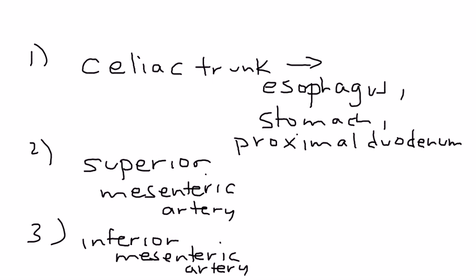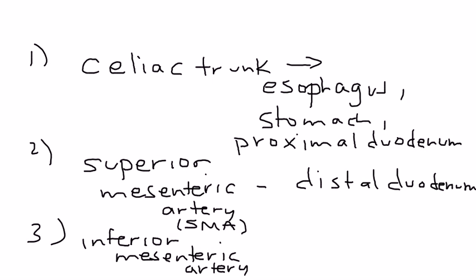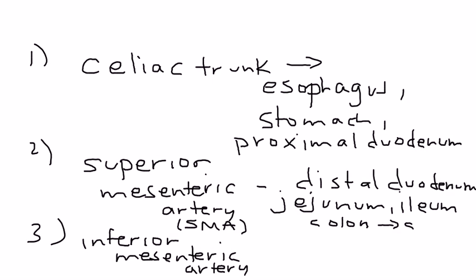And then the superior mesenteric artery, or SMA, supplies the distal duodenum, however you pronounce it, the jejunum, and the ileum. And then it does supply the large intestine all the way up to the splenic flexure.